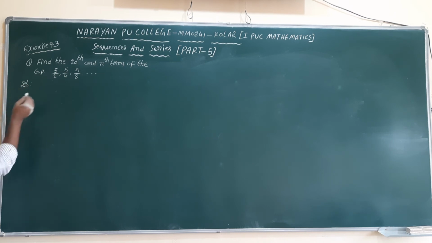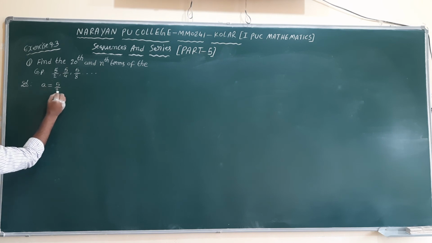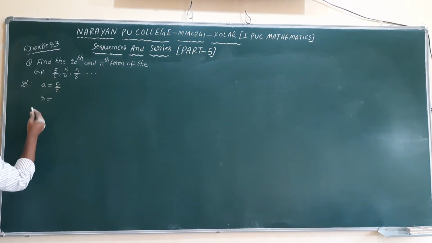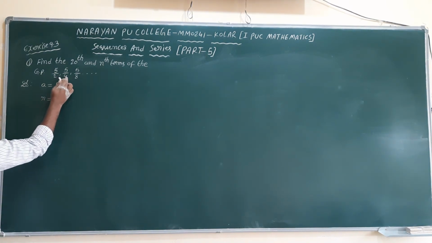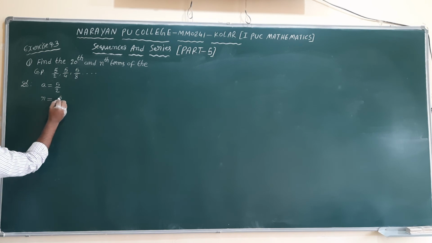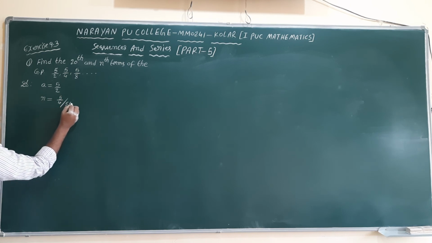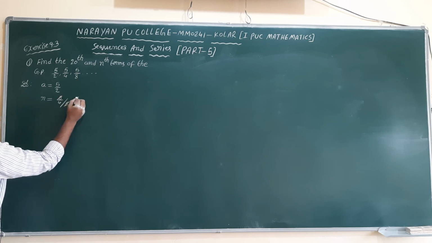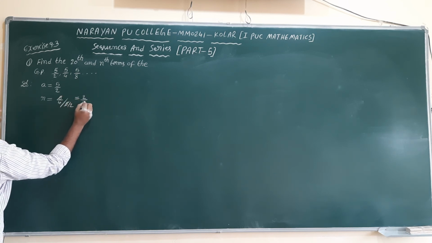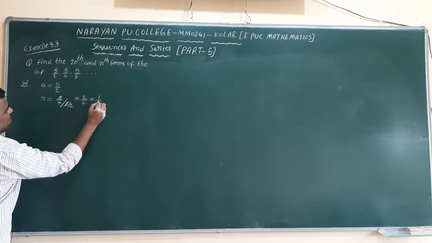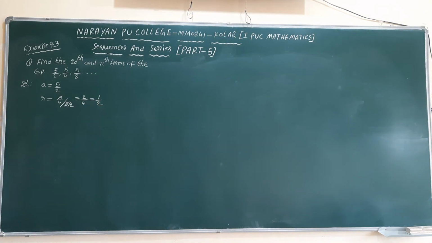So here the first term a equal to 5/2. They have given directly that it is a GP, so we need to find the ratio. Ratio means second term by first term: 5/4 divided by 5/2. 5 cancels, 2/4, that means 1/2. Common ratio is 1/2.